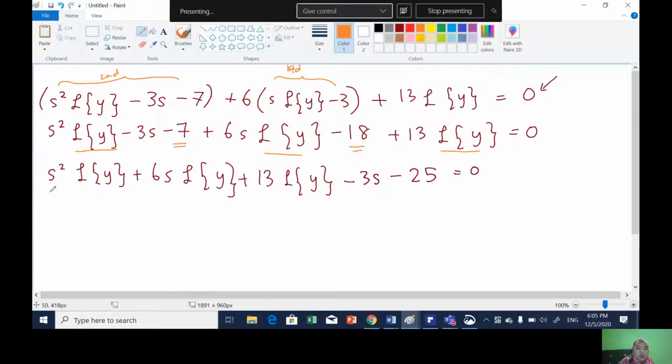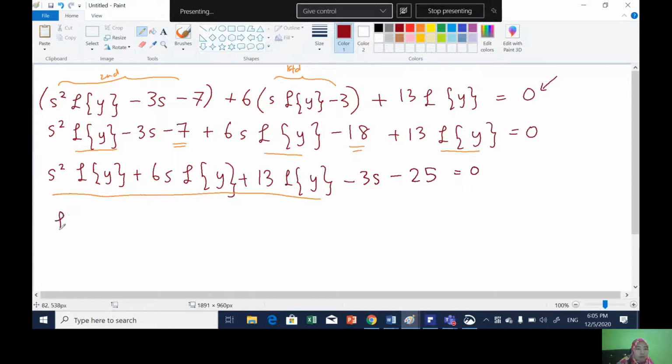The one that I underline here will remain on the left hand side. The other part that I didn't underline will go to the right hand side. The one that I underline, factorize L{y}.